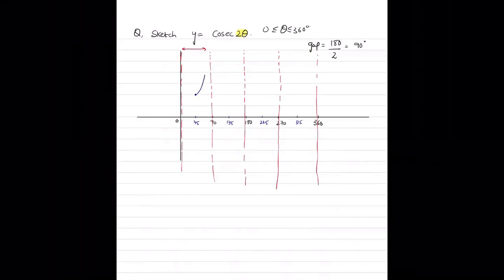So the cycle is also going to shrink. The pattern is going to repeat itself. So now you can see that there is one cycle being completed in 180 degree, right? Yes, sir. And the other cycle being completed in 360 degree.